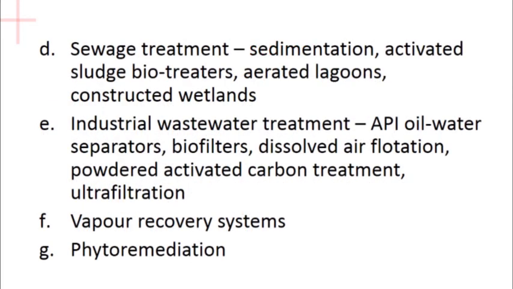Sewage treatment includes sedimentation, activated sludge biotreaters, aerated lagoons, and constructed wetlands. Industrial wastewater treatment includes API oil water separators, biofilters, dissolved air flotation, powdered activated carbon treatment, and ultrafiltration. In addition, we have vapor recovery systems and phytoremediation.